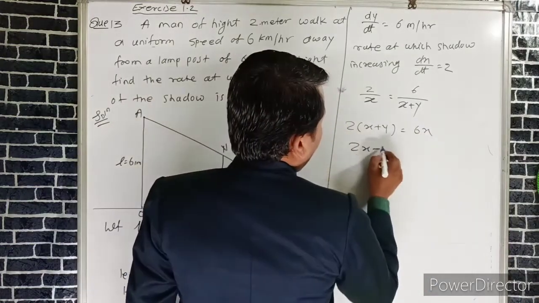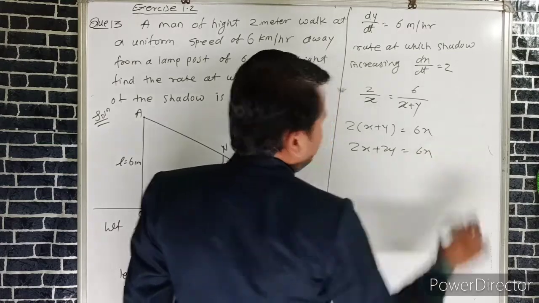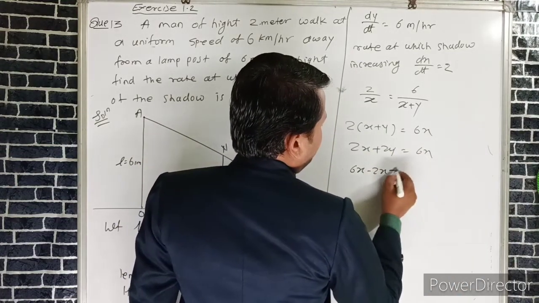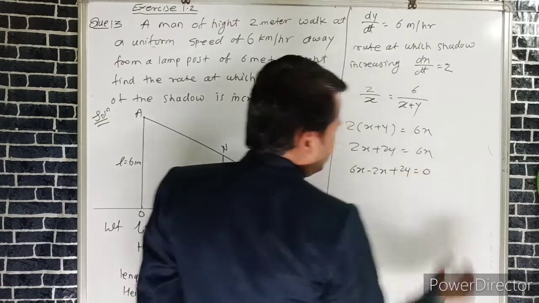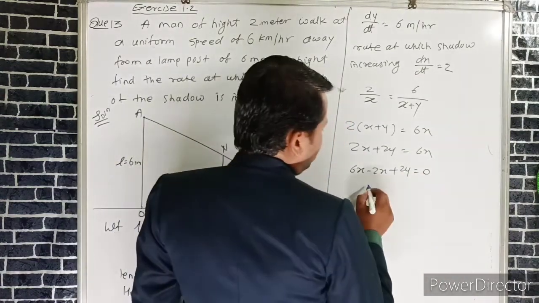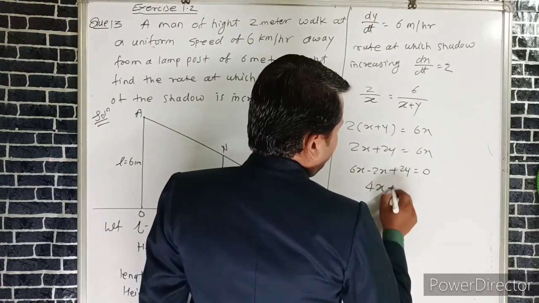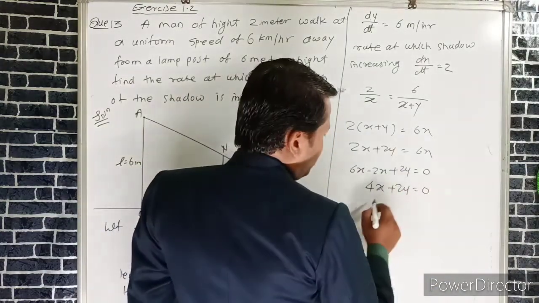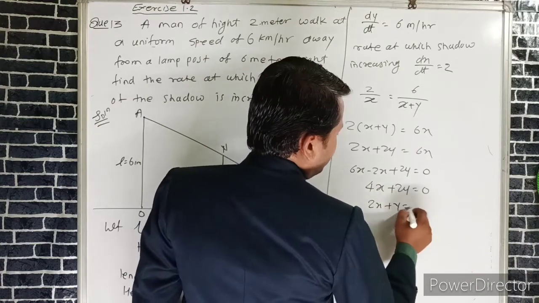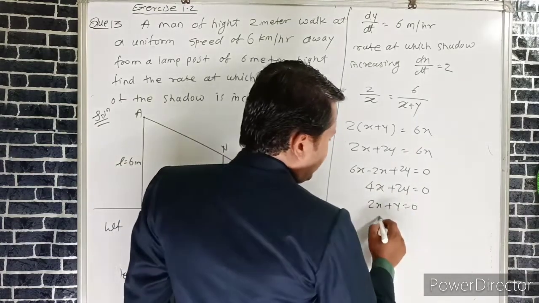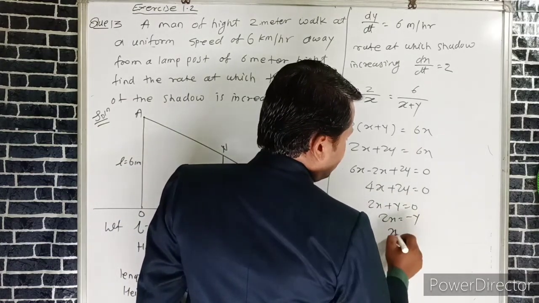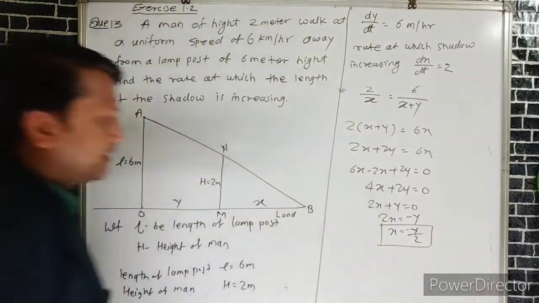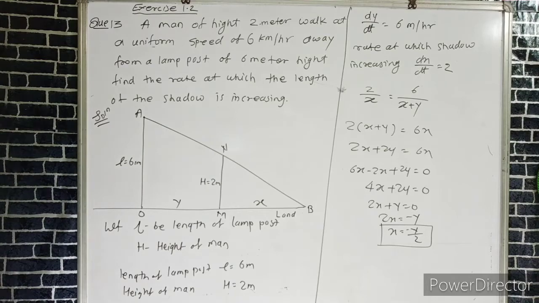Here 2x plus 2y is equal to 6x. We can write 6x minus 2x minus 2y is equal to 0, which is 4x minus 2y is equal to 0. If we divide both sides by 2, we can write 2x minus y is equal to 0. Hence 2x is equal to y, and x is equal to y by 2.